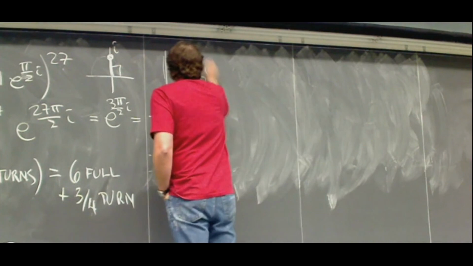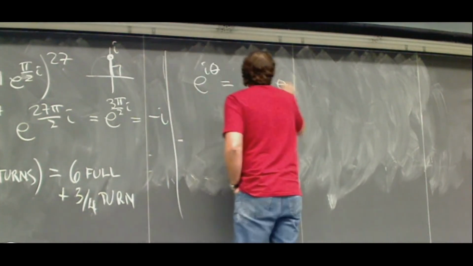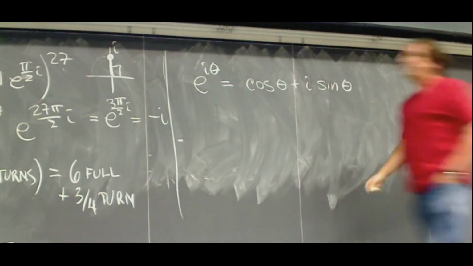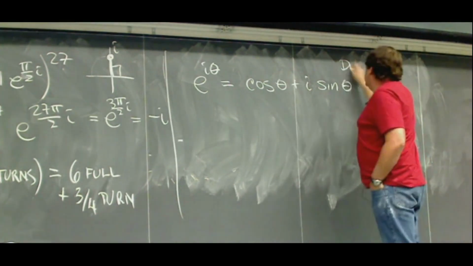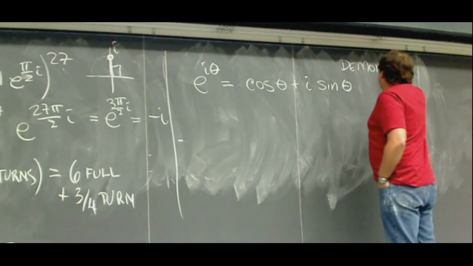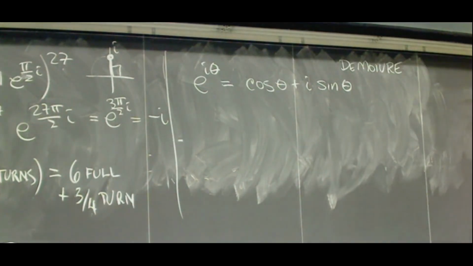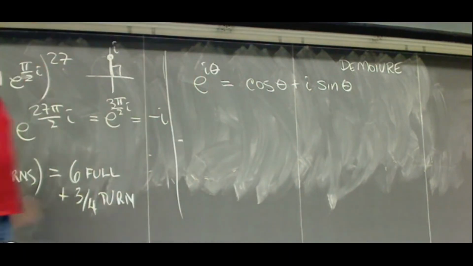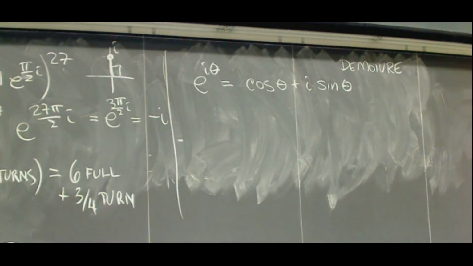We know that e to the i theta is cosine theta plus i sine theta. This is called De Moivre's formula, which is really just Euler's theorem in a different way.